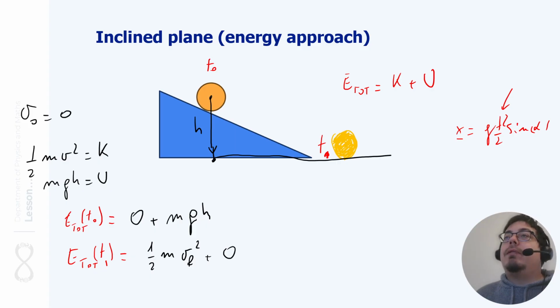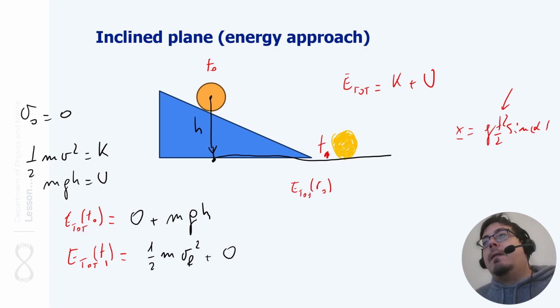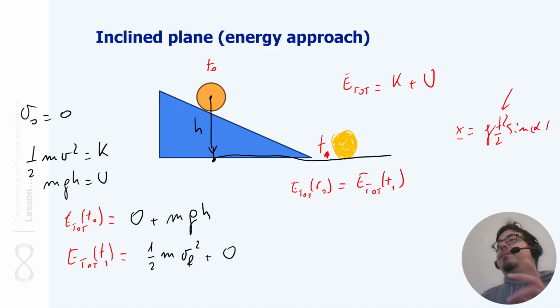So there is this difference in height, which is h. We have these two initial and final conditions, and we know that energy must be conserved. So E total at time 0 must be equal to E total at time 1. These two are exactly the same because there are no frictions in place.